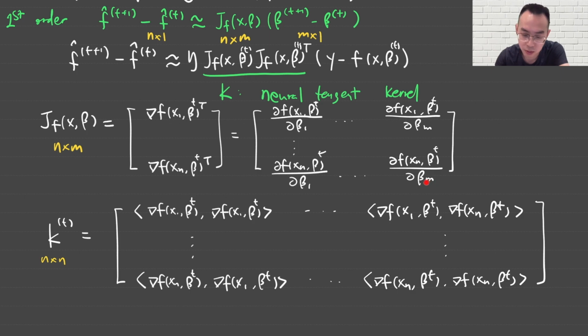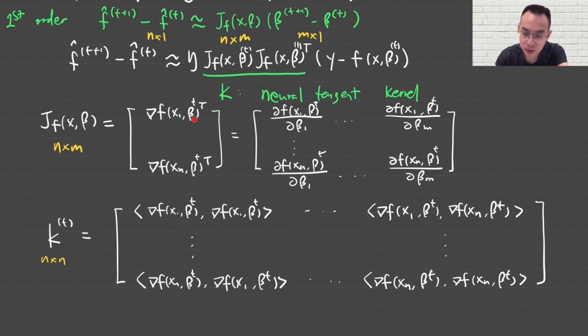So that is the Jacobian matrix. And when we take J times J transpose, it gives us the inner product between the gradient vectors for each pair of training data points. For example, the first entry is the inner product of the first data point with itself.